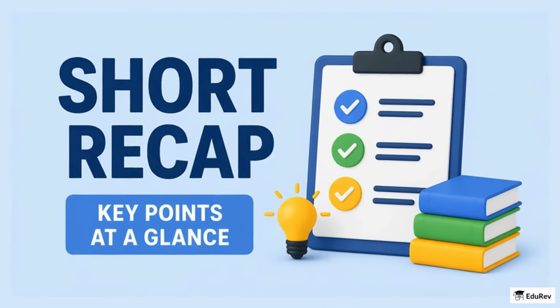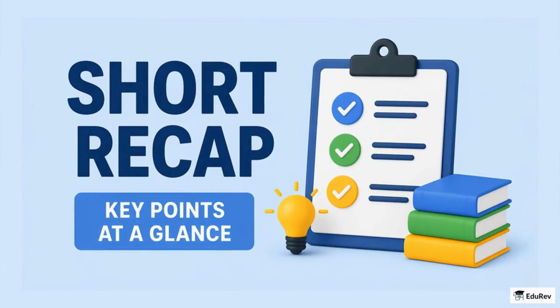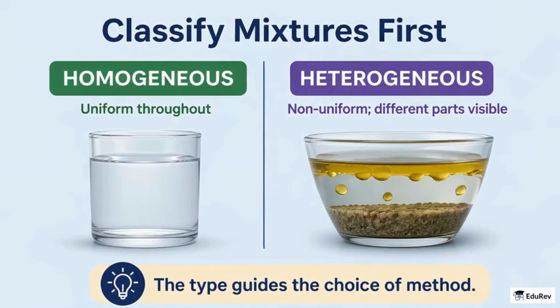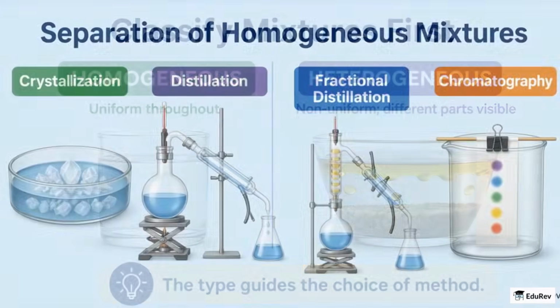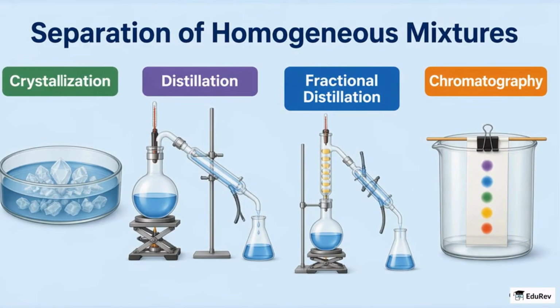Now a short recap to keep the main points close at hand. Classify mixtures first as homogeneous or heterogeneous, because the type guides the choice of method. For homogeneous mixtures, use crystallization, distillation, fractional distillation, or chromatography depending on the components.